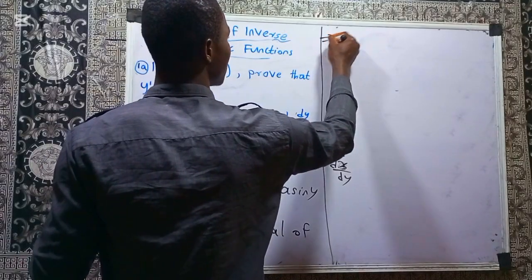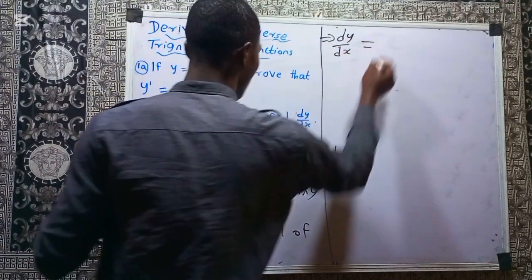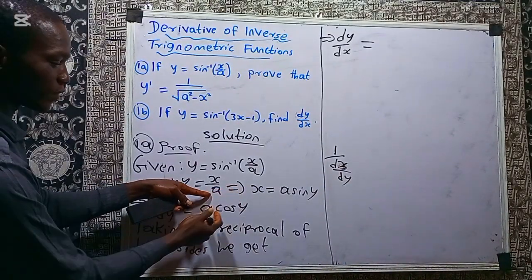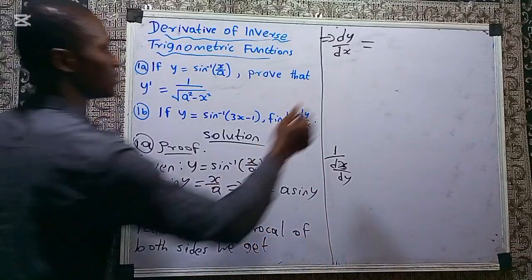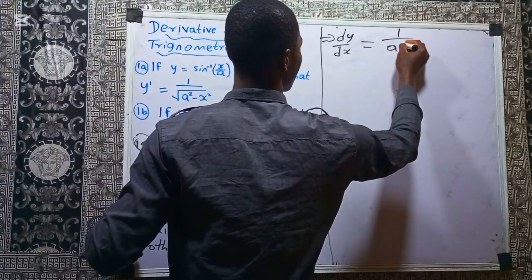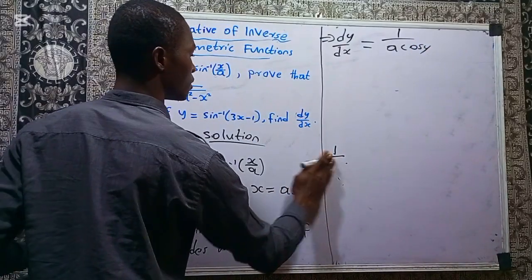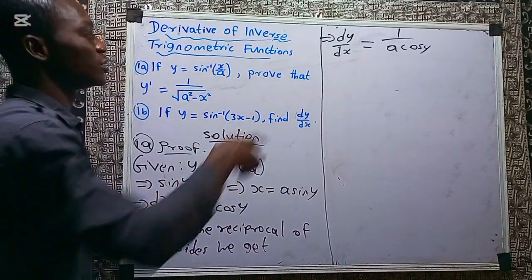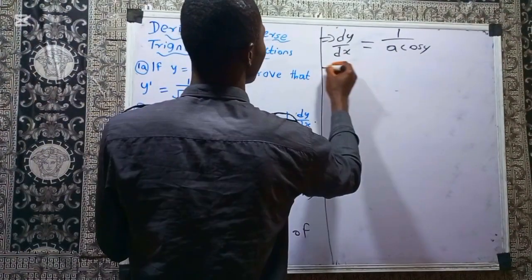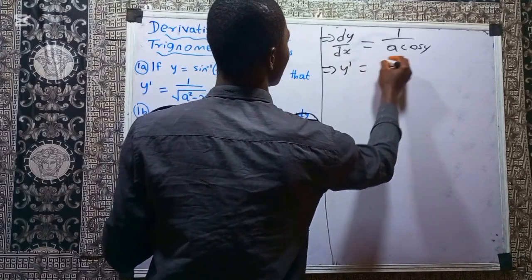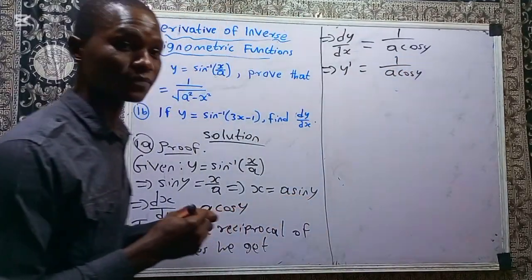So this simply implies that dy/dx is equal to, do the same thing here, 1 over this one, 1 over a cosine of y, right? But you know that dy/dx is same thing as y prime, right? So this simply implies that y prime is equal to 1 over a cos y, right?